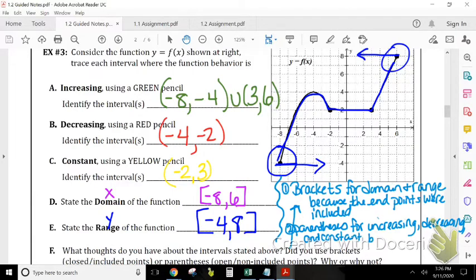Well, because the endpoints were where the change was occurring.